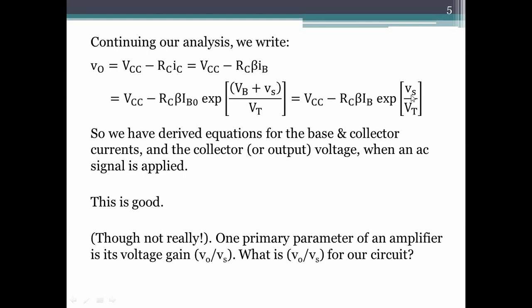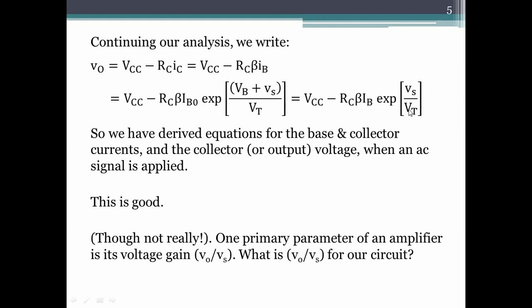I have applied a small Vs at the input. I want to know VO by Vs. What is the quantity VO by Vs? But if I look at VO equal to all of this, I really don't know how to find VO by Vs. That is a difficulty.